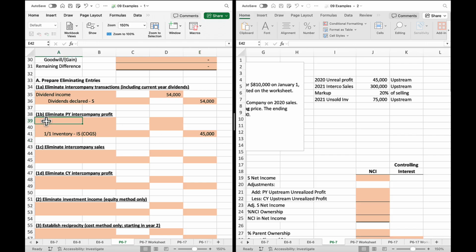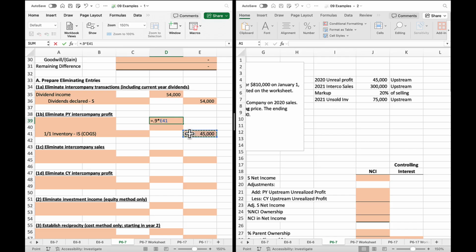Now, whether we use one debit account or two depends upon whether this is upstream or downstream. So in this case, these are upstream, which means it originated from the subsidiary. When it originates from the subsidiary, that means we have to give the non-controlling interest their share. So we're going to have to split this between our parent and our non-controlling interest.